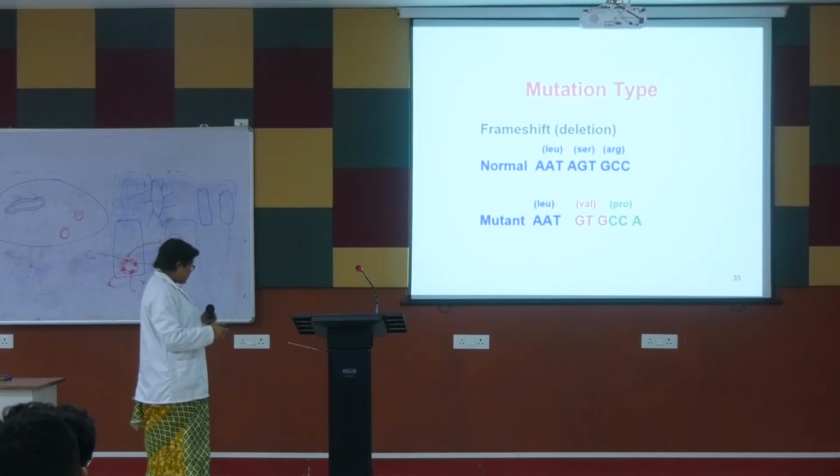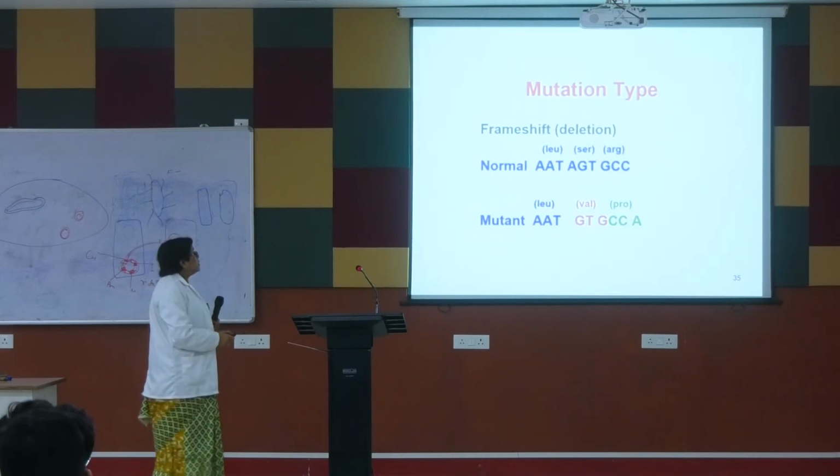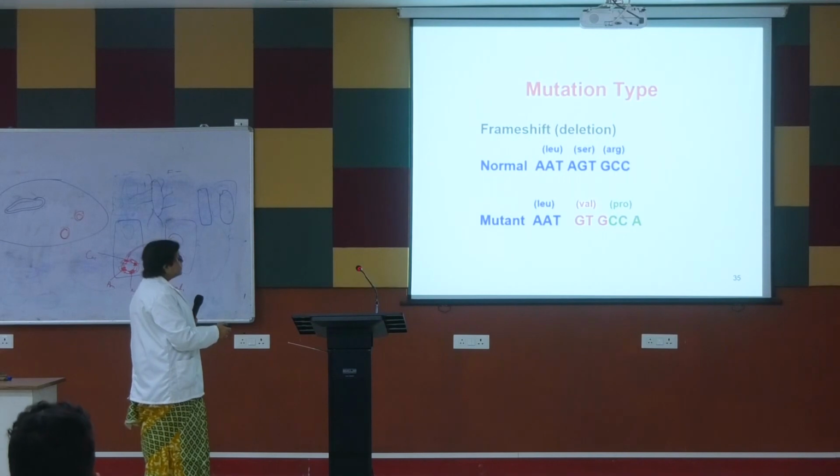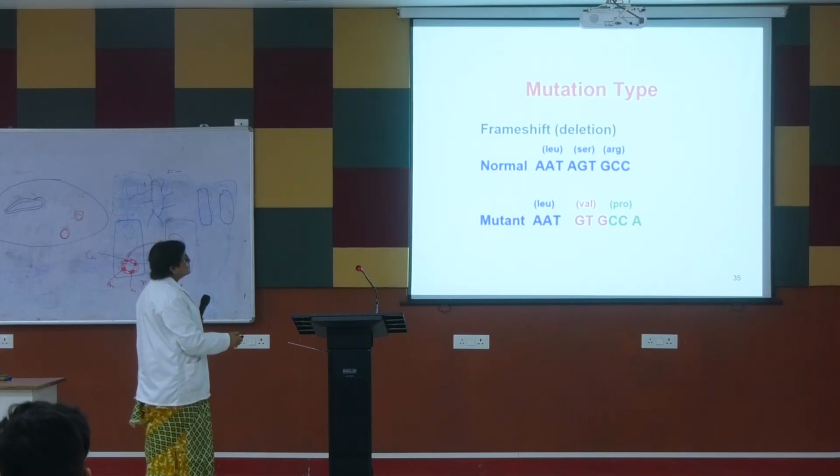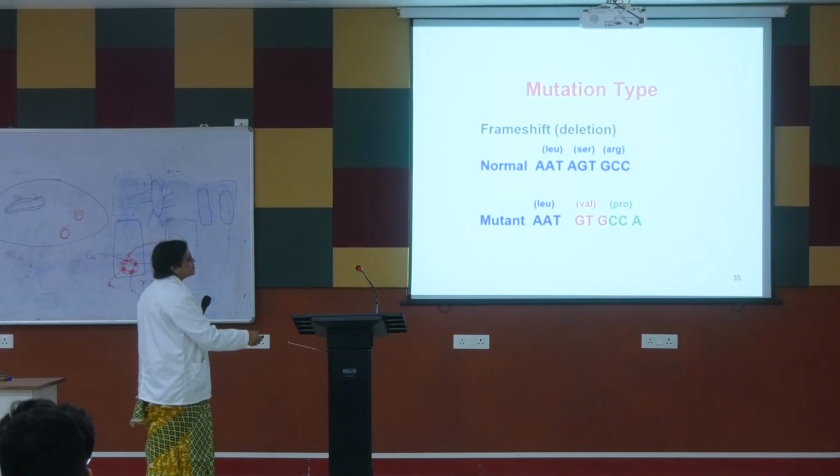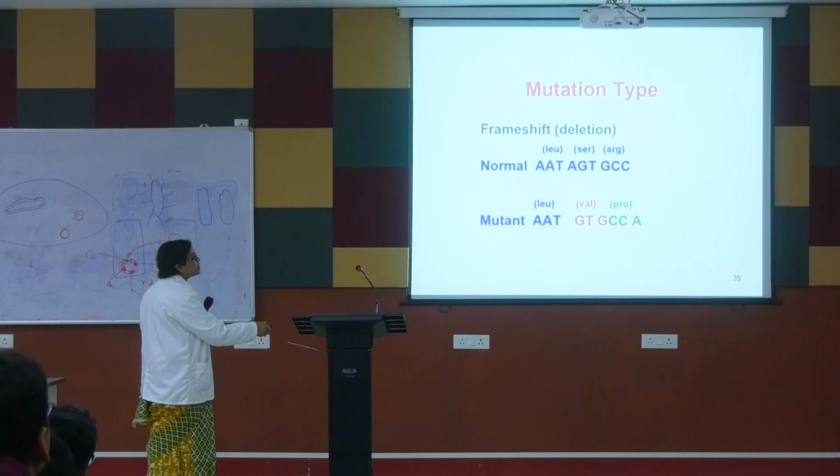Example, you can see the change in this, A is shifted. So the total genetic chain is changed, as it is GT, G will come, GTG, actually it was AGT, and now CC, A is here.